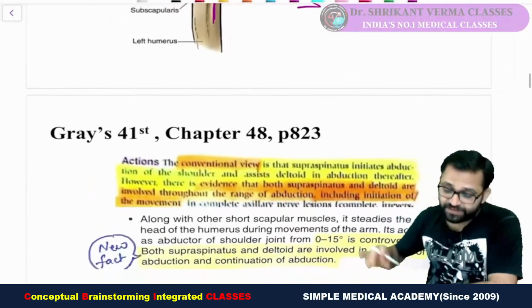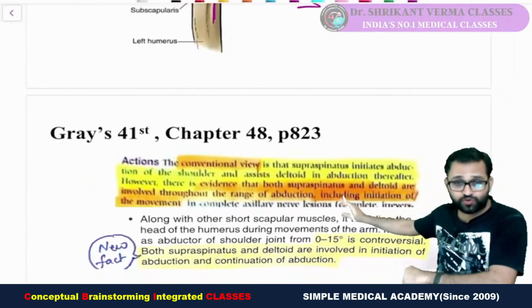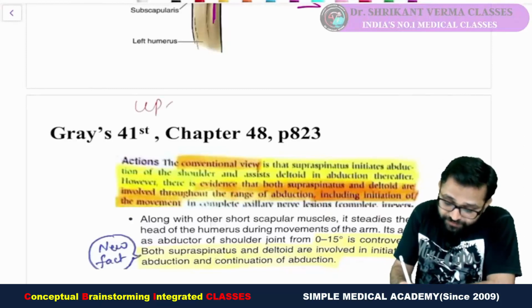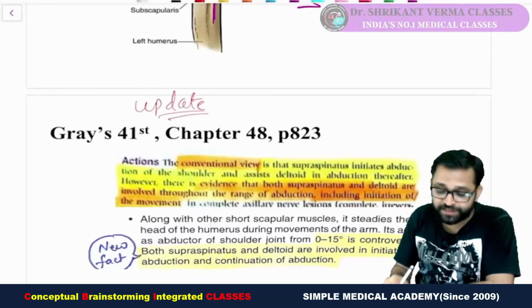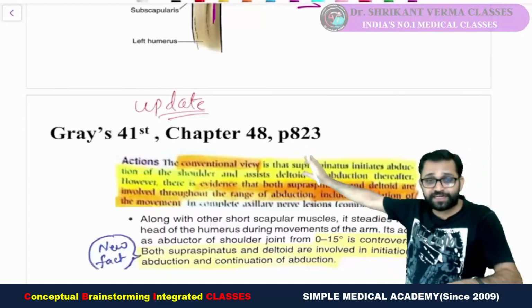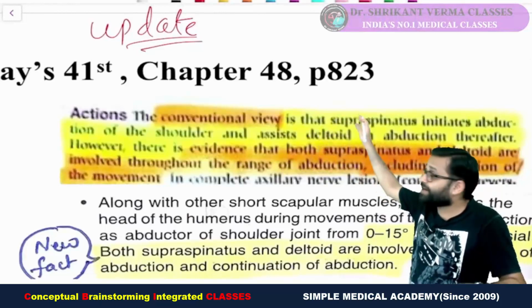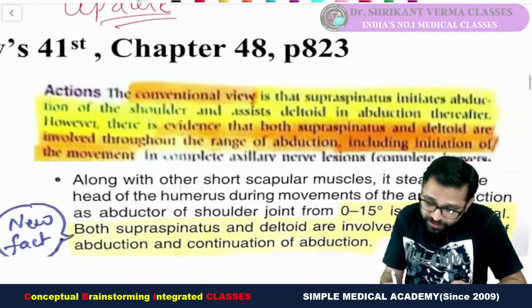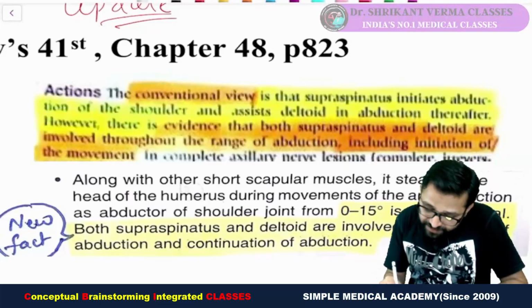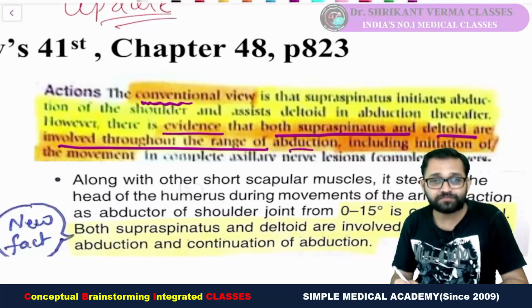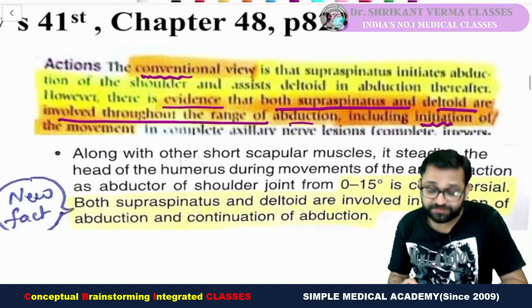At that time there is one slide which I showed to the students, one update. See here, this is the update. Try to understand. Right now the 42nd edition of Gray's Anatomy, chapter number 48, page number 823, is writing that there is the conventional view, and there is evidence that both supraspinatus and deltoid are involved throughout the range of abduction, including initiation.